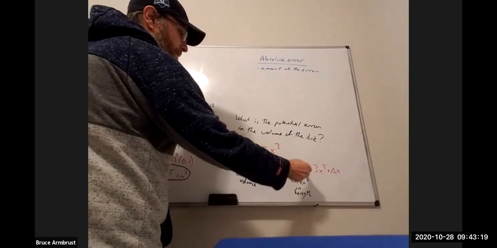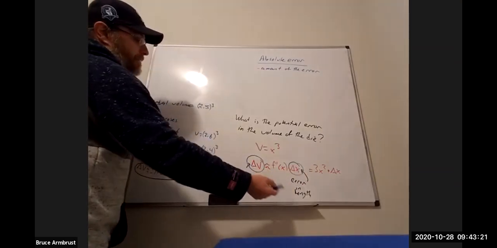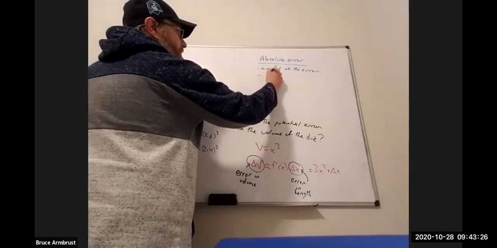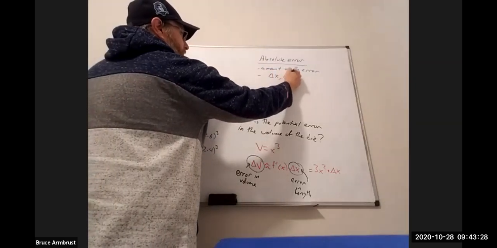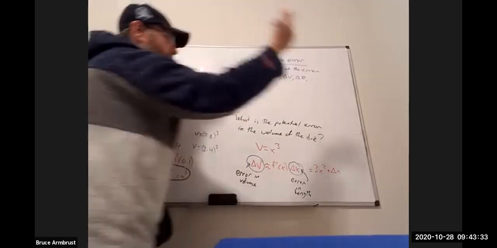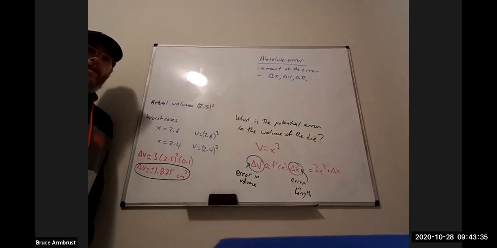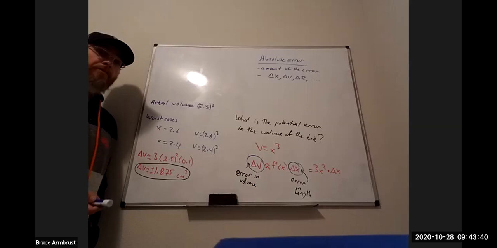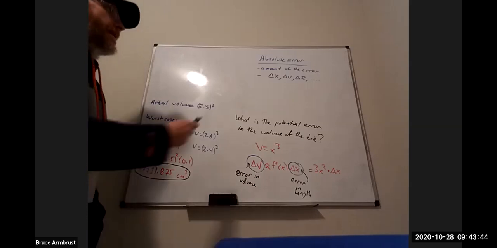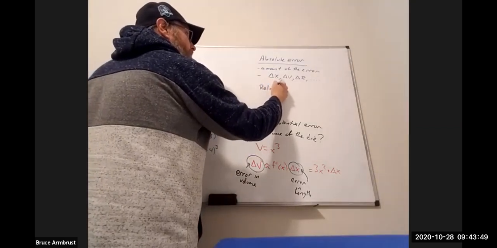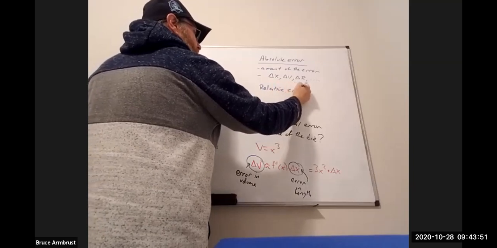The delta X, that's your absolute error, just in volume versus length. Okay, so it's the amount of the error. So think of this as the delta X, delta V, delta R, delta whatever. Whatever the quantity is, that's that delta. That's the actual error that we're off. So that's the absolute error. Sometimes it's called the actual error. But the other thing that we're often interested in, and this is sometimes more important, is the relative error.